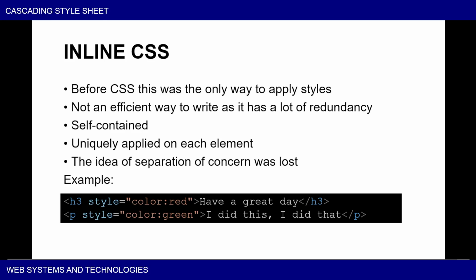I believe I already showed this before, but here are one or two examples of inline CSS. Let's say we have this H3, a heading 3, and we want to change the color of this H3.